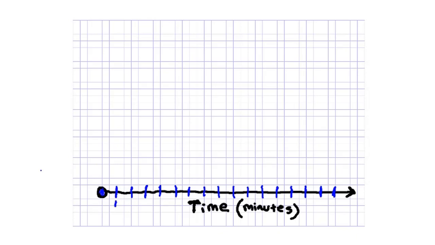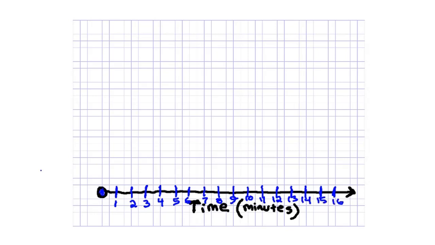So this is going to be 1 minute, 2 minutes, 3 minutes, 4 minutes, 5 minutes, 6, and so on. And I think the chart only goes up to 10 minutes, but as you can see, time is infinite, so this could go on forever if we wanted it to.